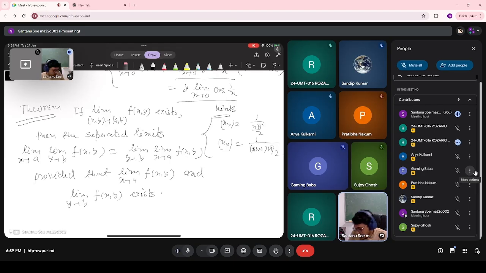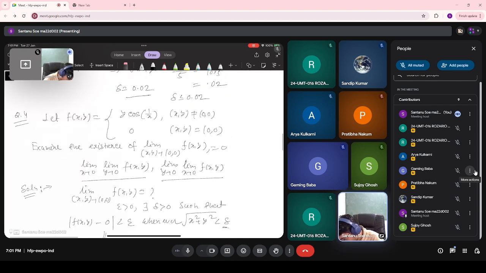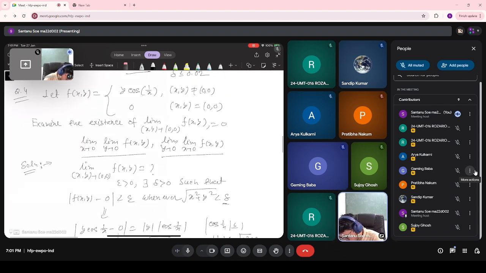So this is a theorem which says that the separated limits will exist and be equal if the main limit, the double limit, exists, and the separated limits at x tends to a and y tends to b both exist. Then the two separated limits will be equal. Example, I showed that this limit is 0 and this limit is also 0, but this limit does not exist.